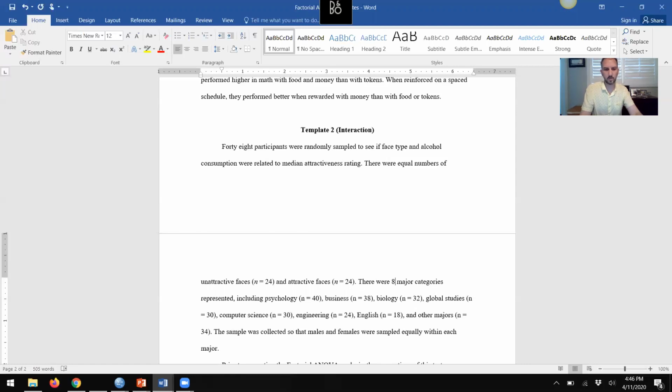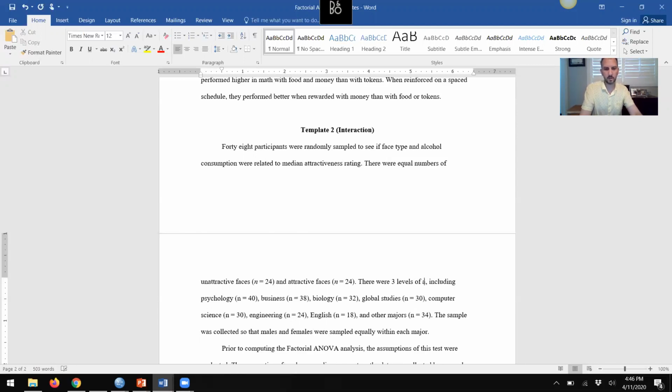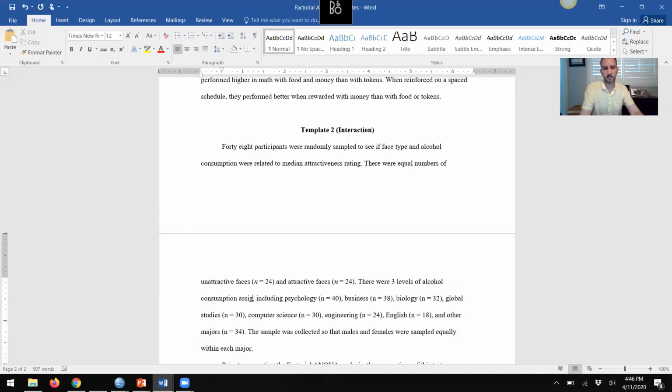There were 3 levels of alcohol consumption assigned, including placebo, n equals 16, low dose, n equals 16, and high dose, n equals 16.